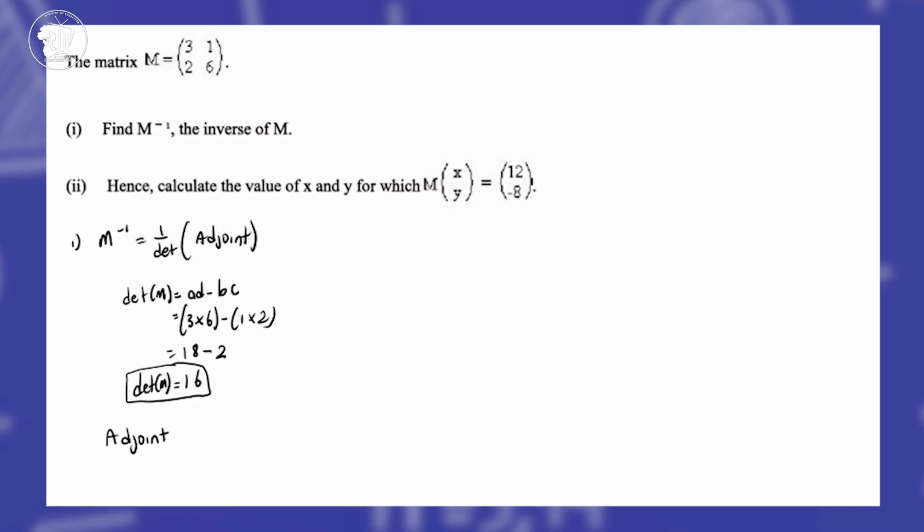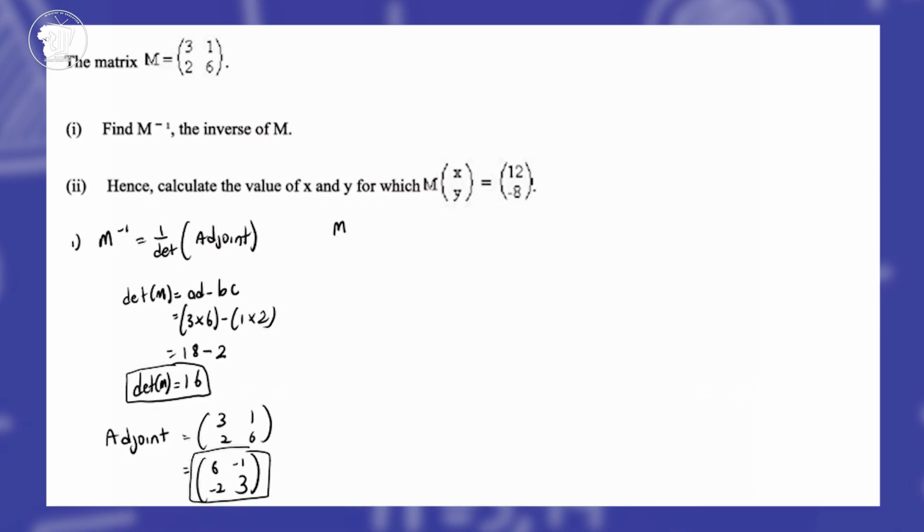The adjoint of the matrix [3, 1; 2, 6] would simply be, we switch these two, so we'll have 6, 3, and then we flip the signs of these two. So you'll have negative 1, negative 2, and this would be the adjoint of the matrix.